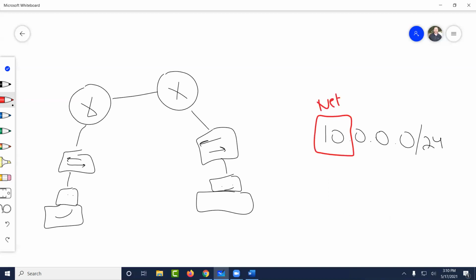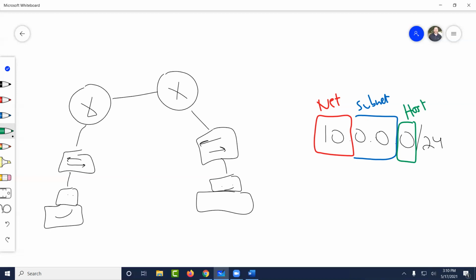Because it was a class A, the first 8 bits were network bits. Since we borrowed 16 bits, these are subnet bits. That leaves us, since we're /24, with only 8 host bits. Here are our host bits.